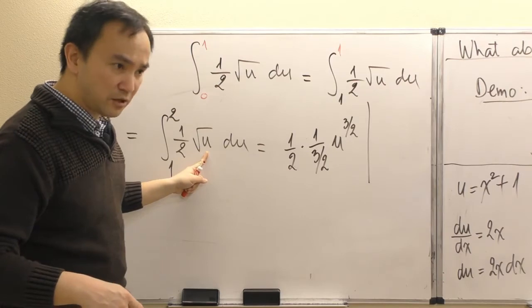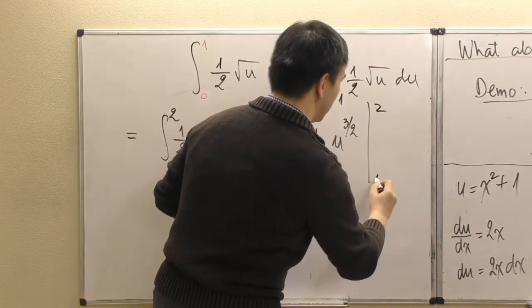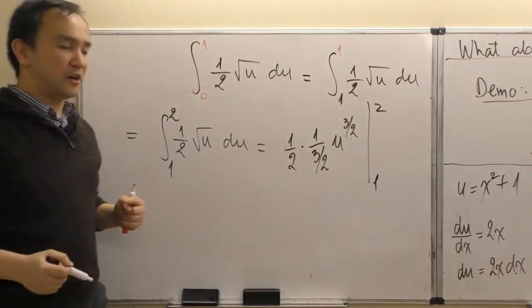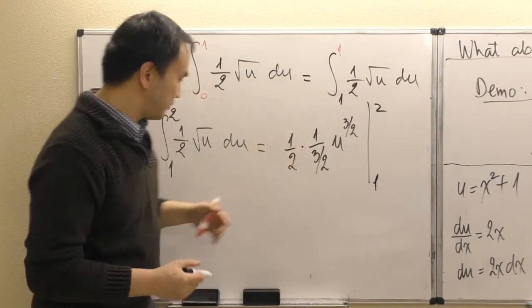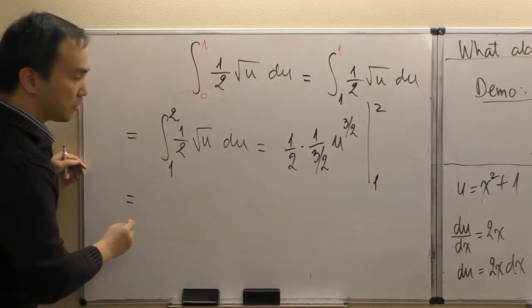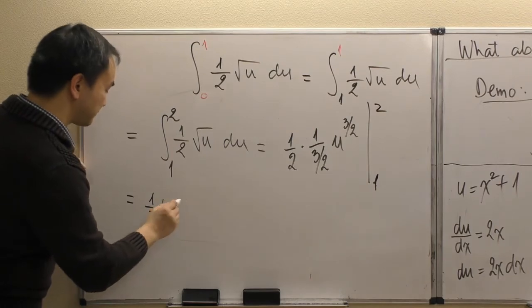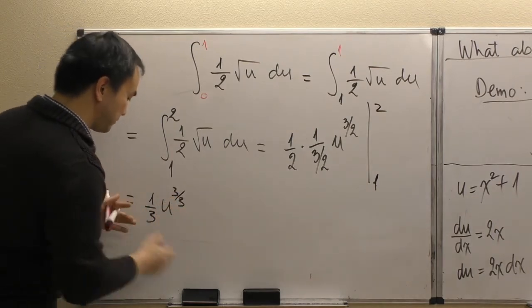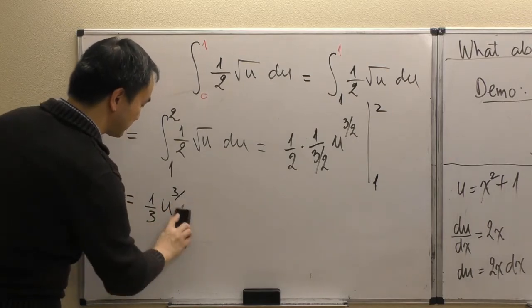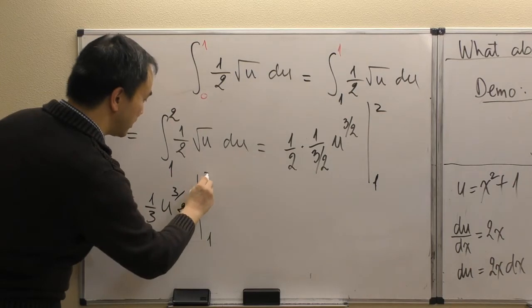So this is from 1 to 2. That's my argument. Now this will cancel out and give me a total of 1/3 u to the 3/2.